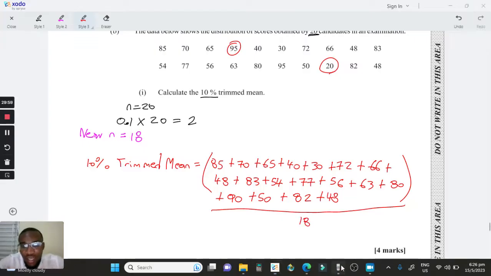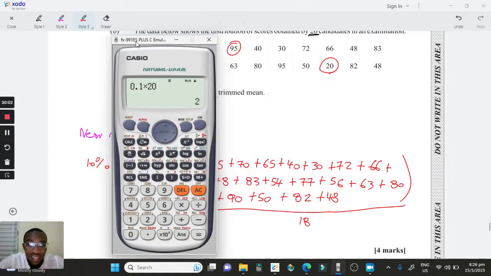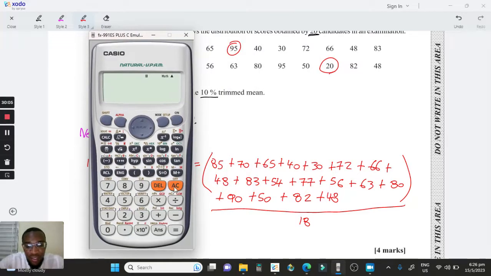I'm going to bring out the calculator and do that. That's a lot of work in the calculator, man. 85 plus 70 plus 65 plus 40 plus 30 plus 72 plus 66 plus 48 plus 83 plus 54 plus 77 plus 56 plus 63 plus 80 plus 90 plus 50 plus 82 plus 48.